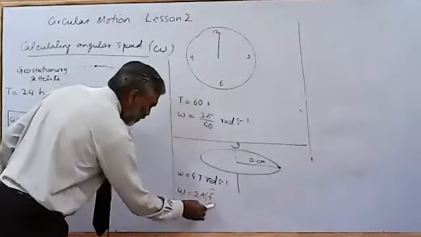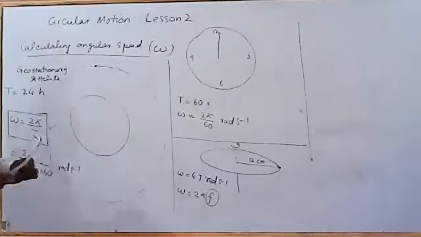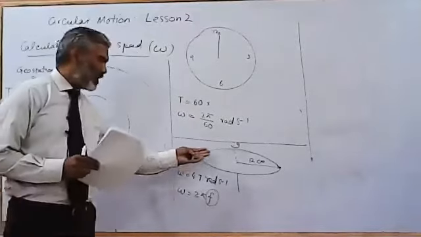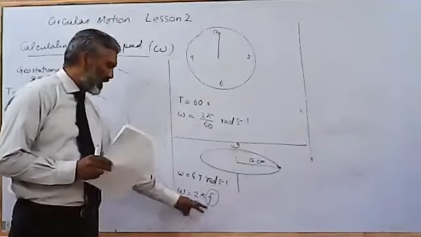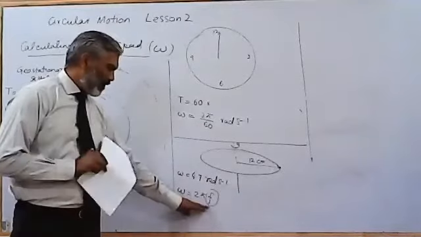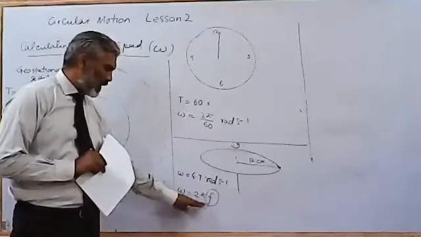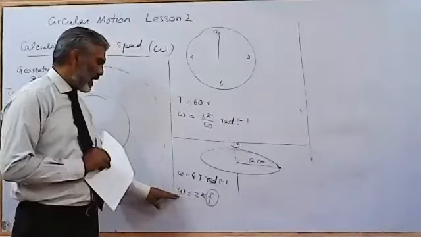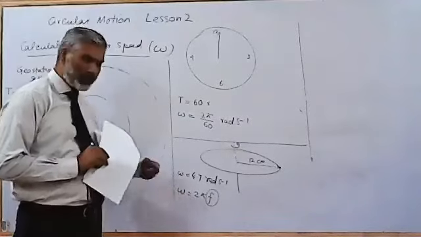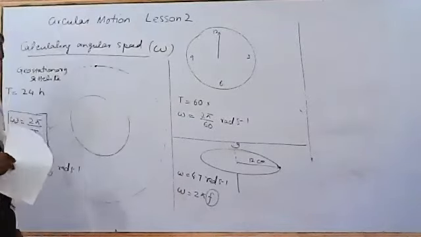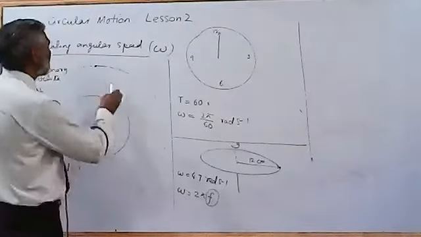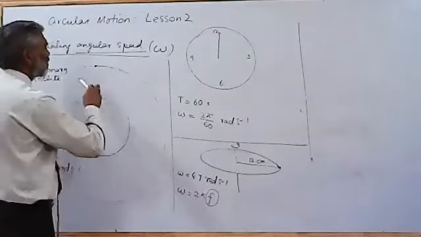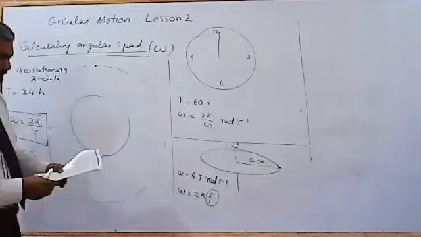This is the frequency which tells us the number of rotations this disk is undergoing every second. If I multiply that number by 2 pi, it becomes angular speed. We later on will refer to it as angular frequency as well. So angular speed will become angular frequency in the coming chapters.